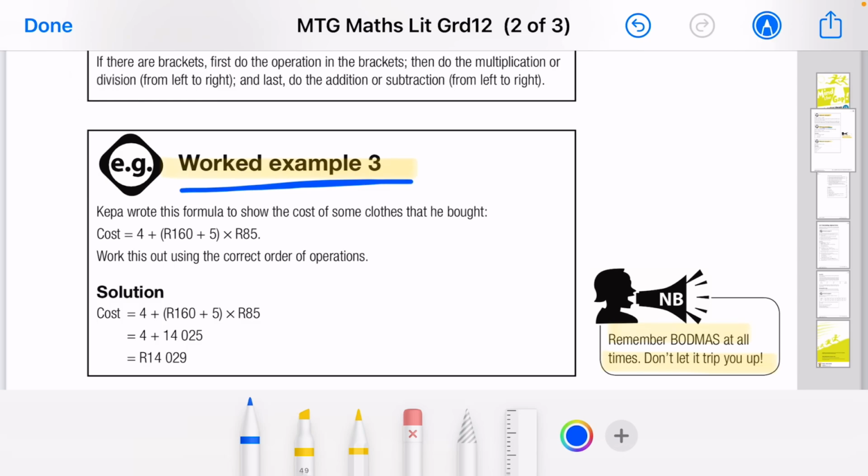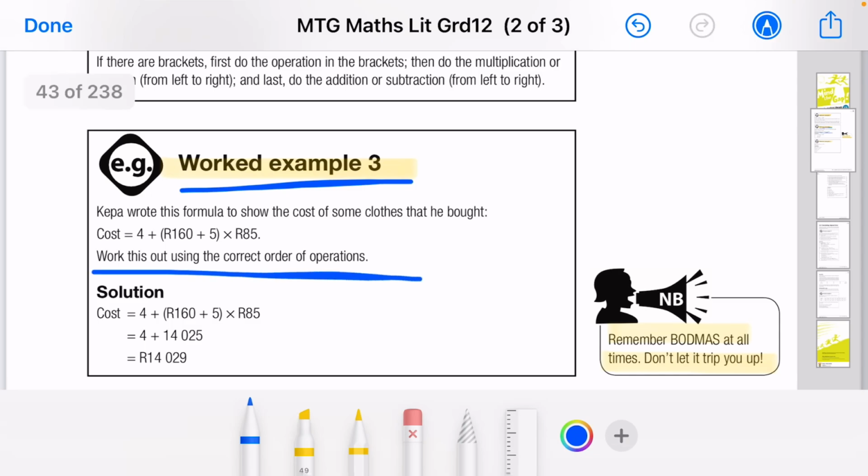Kepa wrote this formula to show the cost of some clothes that he bought. So, ladies and gentlemen, this is the formula that Kepa wrote, which shows the cost of some clothes that he bought. Now work this out using the correct order of operations.